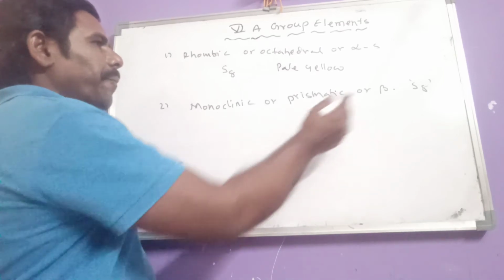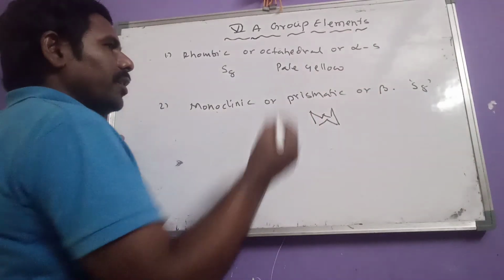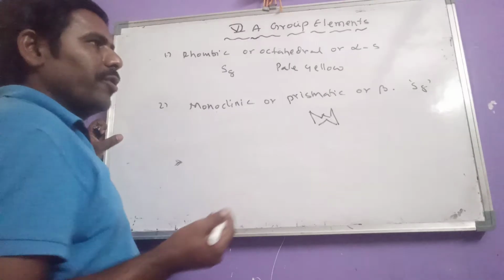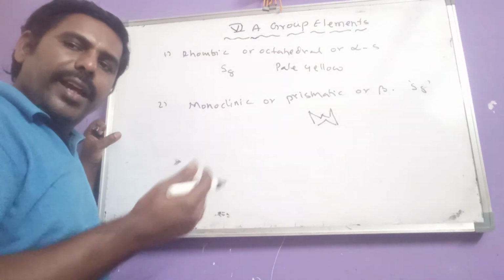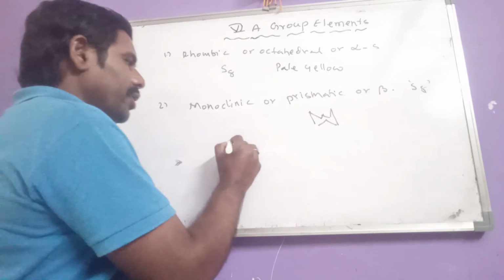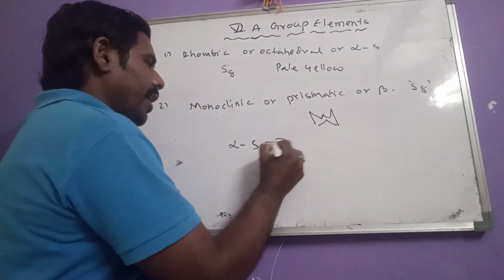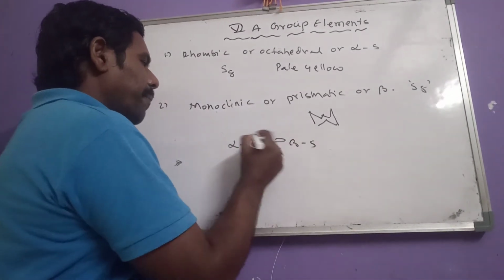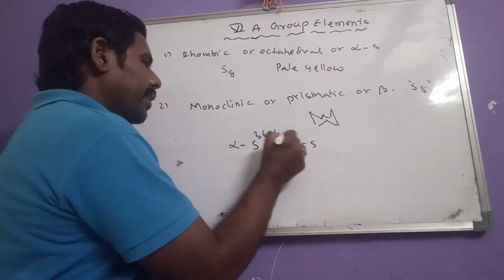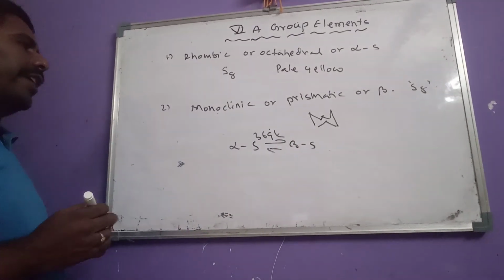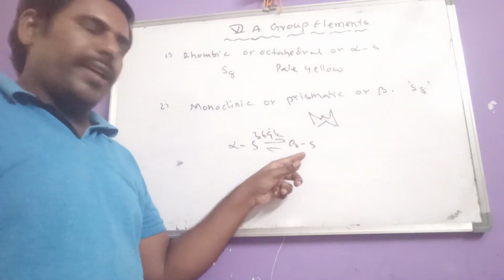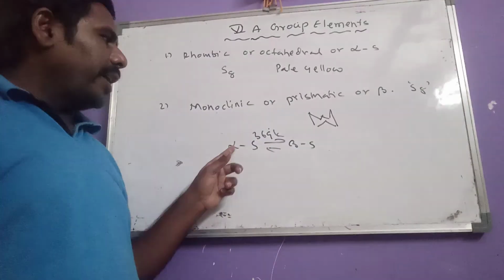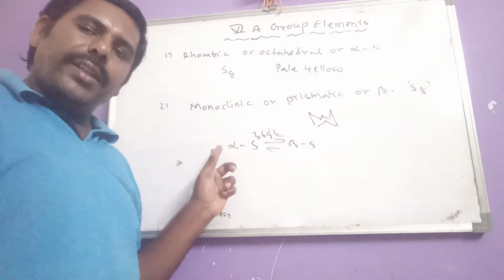Now beta sulfur is stable above 369 Kelvin temperature. So alpha sulfur and beta sulfur are present in equilibrium at 369 Kelvin. Above 369 Kelvin beta sulfur is stable. Below 369 Kelvin alpha sulfur is stable.